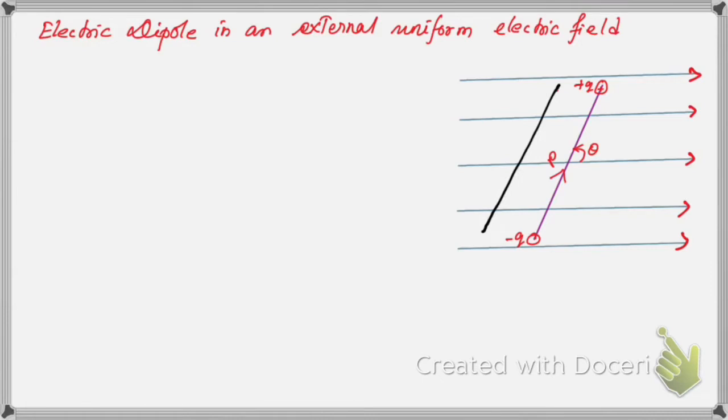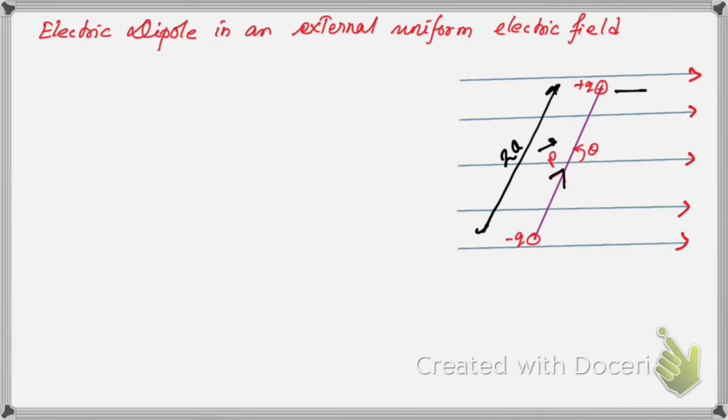P represents the dipole moment, which points towards the positive charge from the negative charge. That is the direction of the dipole moment, and suppose the length of this dipole is 2a. So this is the dipole moment, this is the direction.